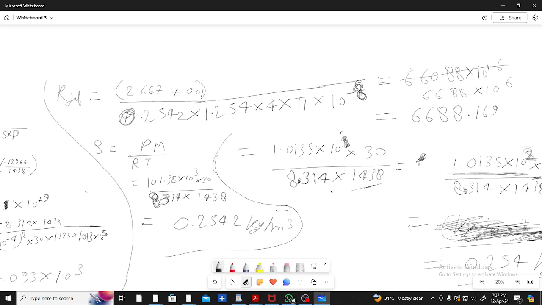So this will be upon 10 to the power minus 8. 6.6881 into 10 to the power 7. Yeah, this is correct.